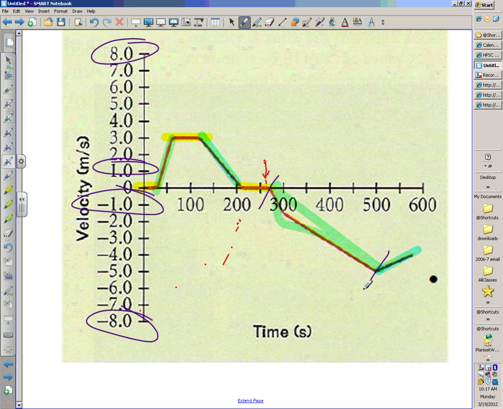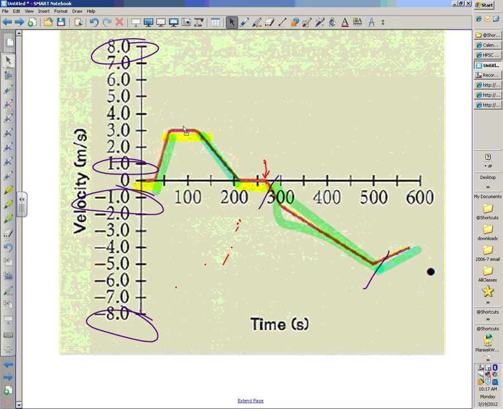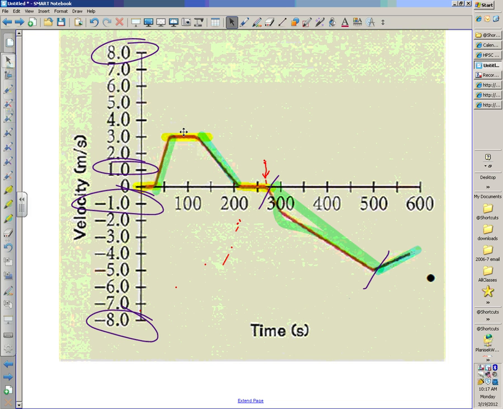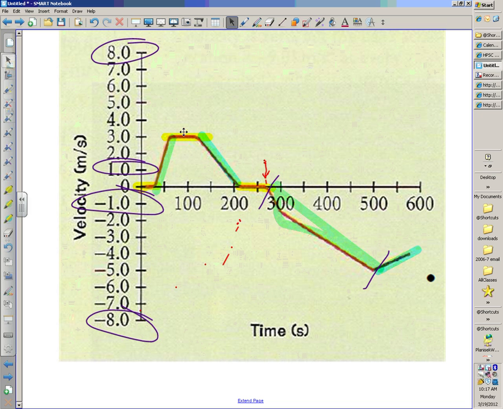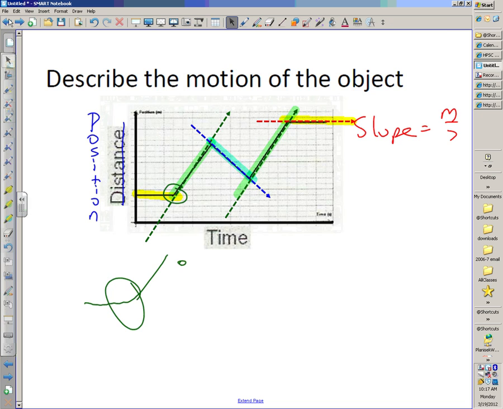So, at the yellow highlighted area on zero, that's when you're stopped. On this graph, I'm only stopped if I'm on the x-axis. But in the previous graph, any flat part, I'm stopped because that's telling me position, right?